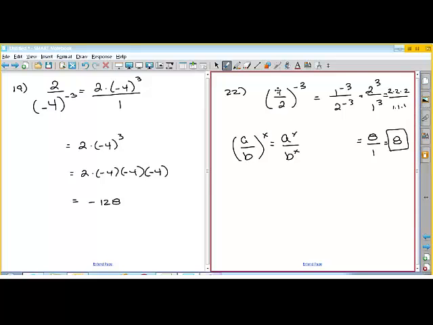Now the other way you could do it is, if you have a negative exponent on a rational number, you can just flip the fraction. What that's basically saying is if I had a over b raised to the negative x power, that's the same as switching the numerator and the denominator and raising that to the positive x power.